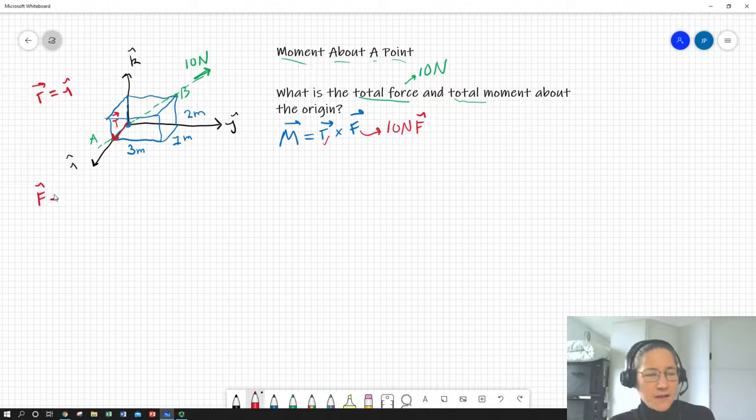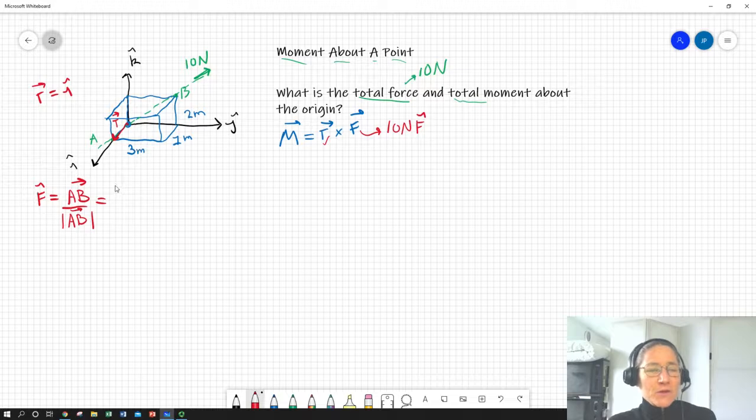So F hat, I can calculate it by first getting a full position vector that would take me from point A to point B. So I need a vector AB, and then I'm going to divide it by the magnitude of AB, to divide out the length. I can get the numerator by taking the coordinates of point B and subtracting the coordinates of point A.